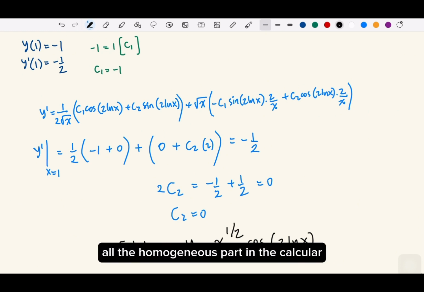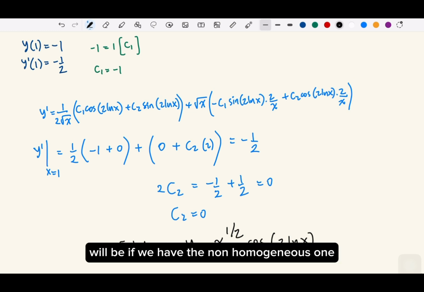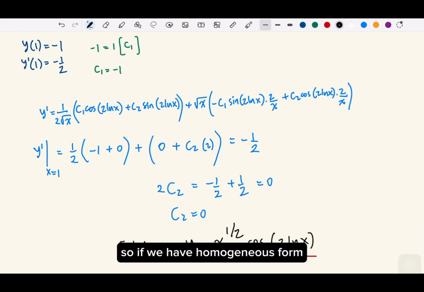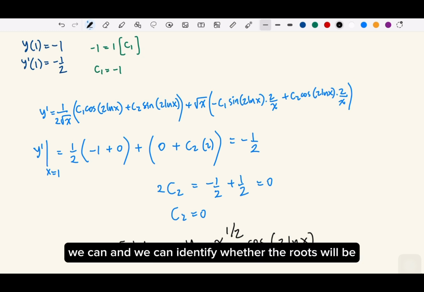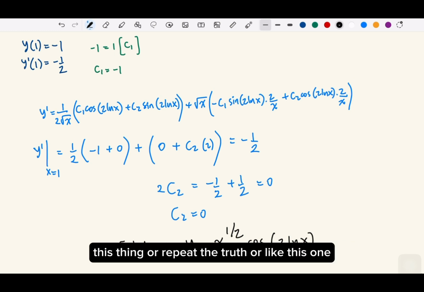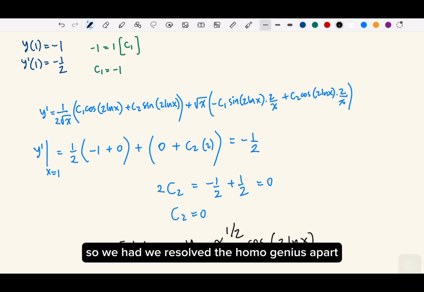Okay, now we solved all the homogeneous part in the Cauchy-Euler. Now the next problem will be if we have the non-homogeneous one. If we have a homogeneous form and we can solve with the Cauchy-Euler equation, then we can identify whether the roots will be distinct or repeated roots, or like this one we have the complex roots, right? So we solve the homogeneous part.